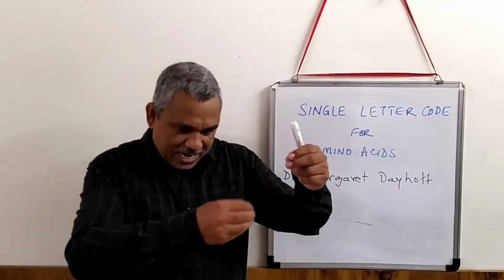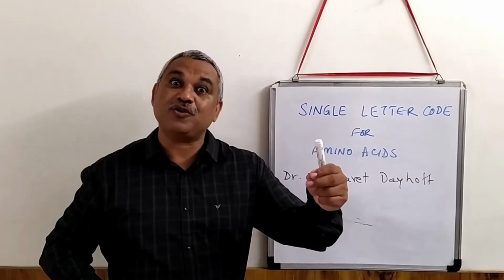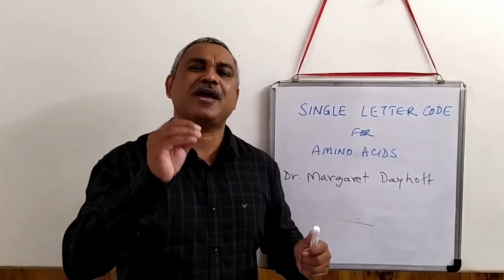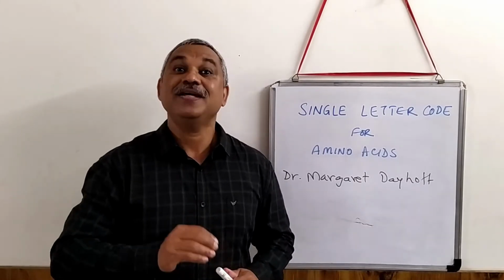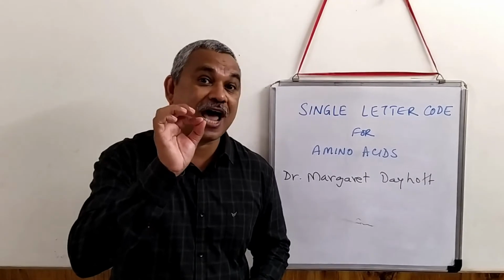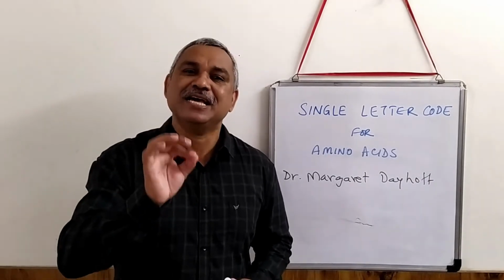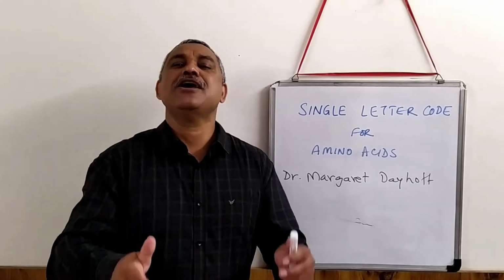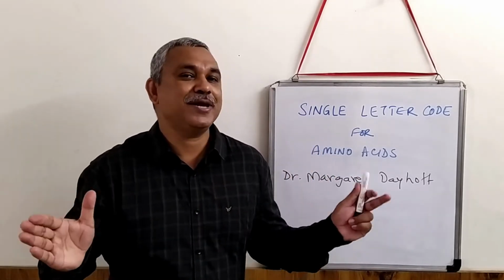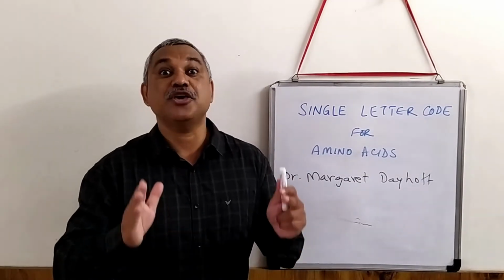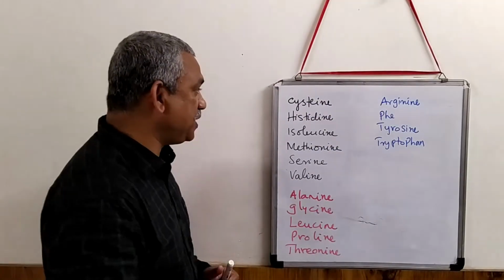So, write the list of 20 amino acids. She felt there are about 6 amino acids that have unique names, and their first alphabet is repeated only once. So in the first category, these amino acids were given the first letter because they were unique. So here is the classification.